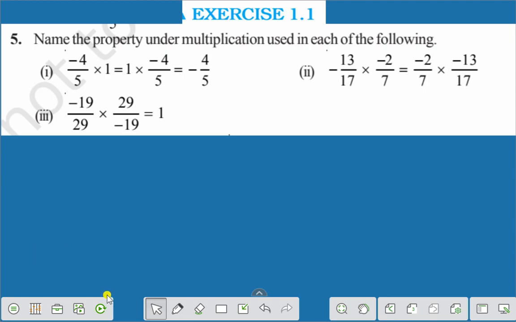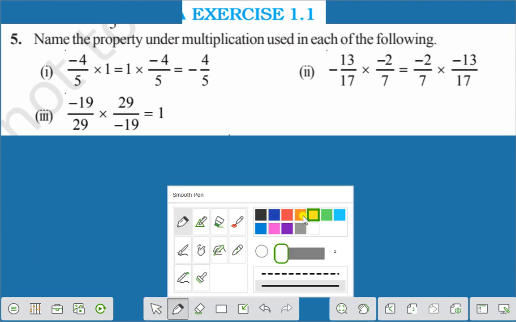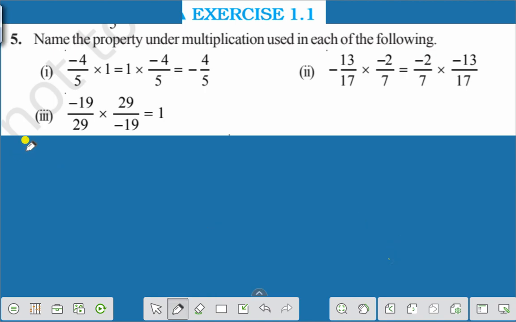Number 1 here you see is minus 4 by 5 into 1 is equal to 1 into minus 4 by 5 is equal to minus 4 by 5.